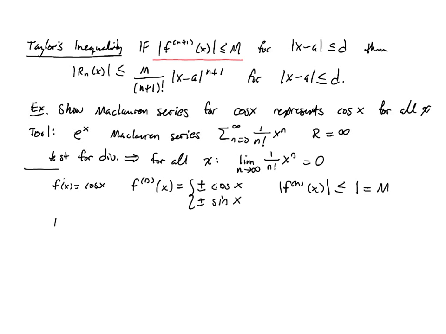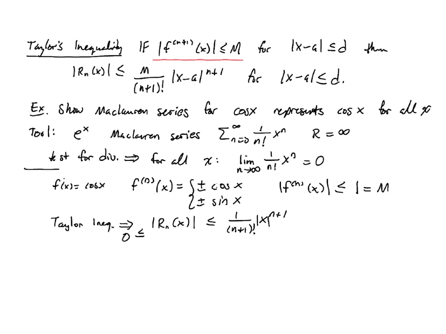And what we get to conclude from Taylor's inequality is that the absolute value of the nth remainder is less than or equal to 1 over (n plus 1) factorial times the absolute value of x to the n plus 1. And we should put absolute value around the x there. Now, of course, this remainder is an absolute value, so it's greater than or equal to 0.